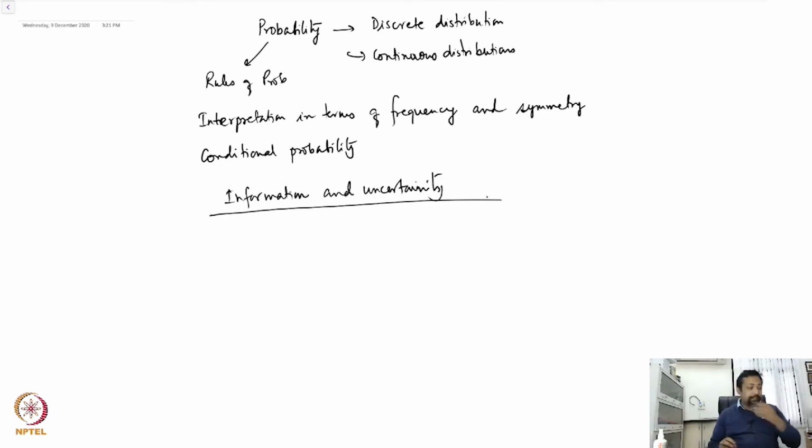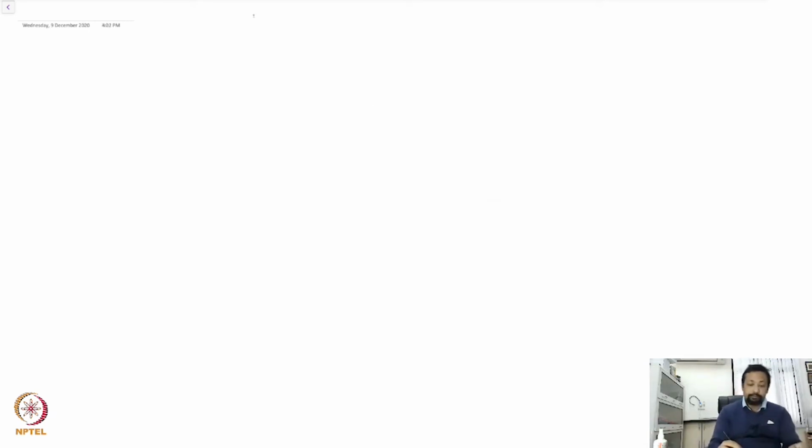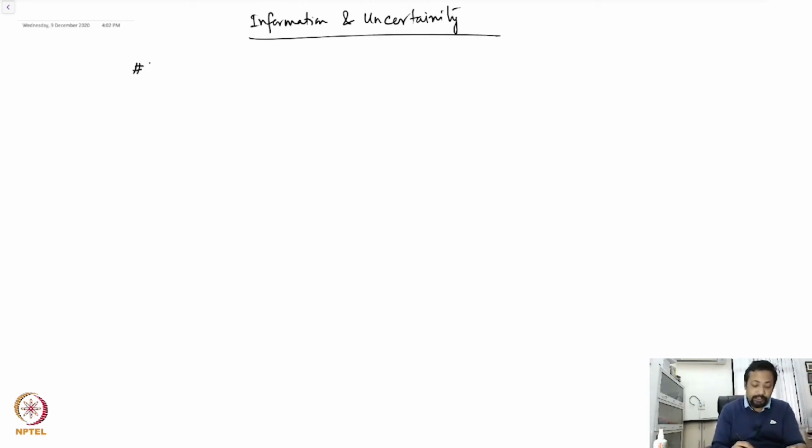Suppose I give you an experiment. For example, the first experiment is I toss a fair coin. Then I know the outcome of this is head and tail with equal probability of half and half.